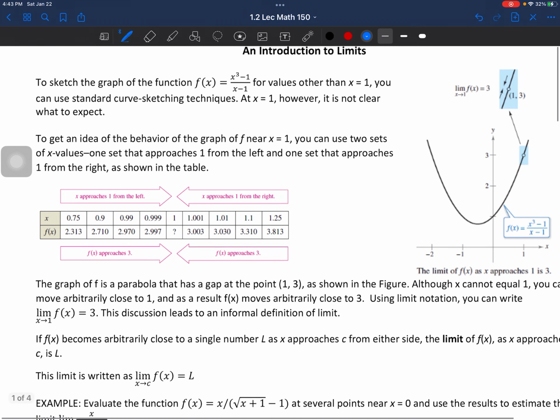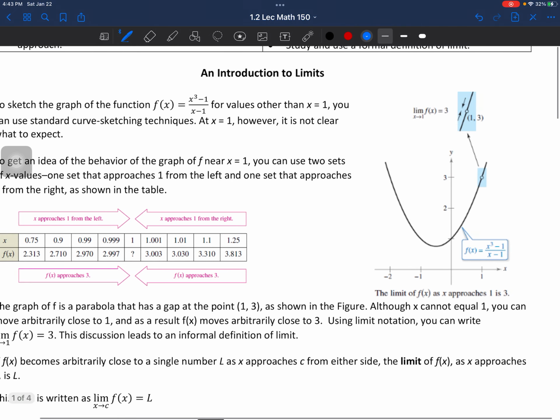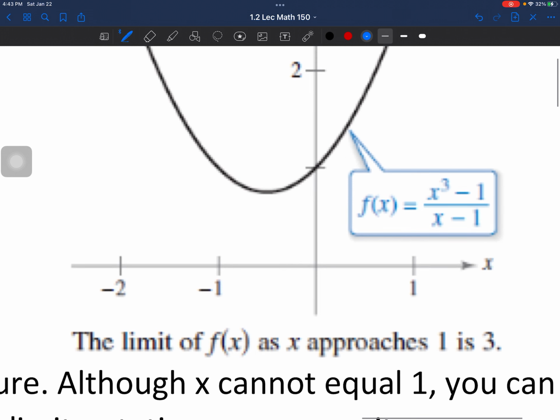So first of all, what does it mean for x to approach 1? Well, x lives on this number line right here. Now, x equals 1 is specifically here. x is a variable, so the value of x can vary along a number line.